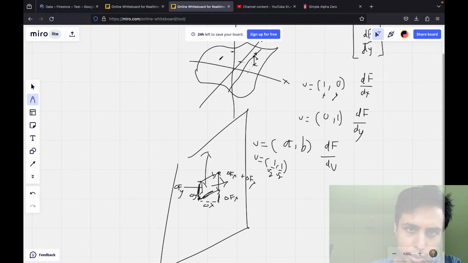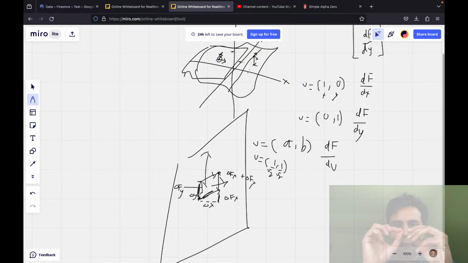We look at the change in x, look at the change in y, and the whole thing gives us a plane that generally approximates values in our local neighborhood. And as we zoom in super far, like we take the point and blow it up, they are really close to each other.